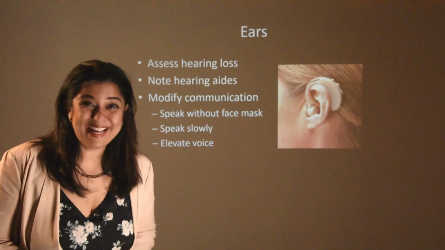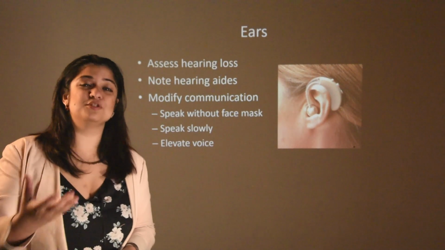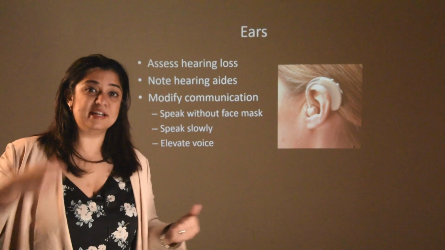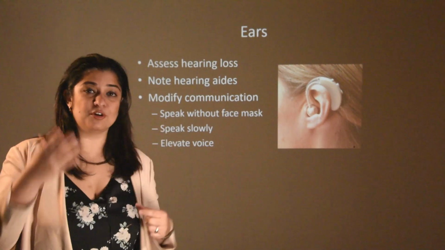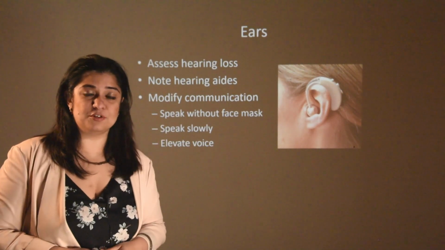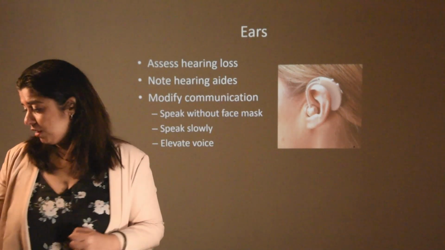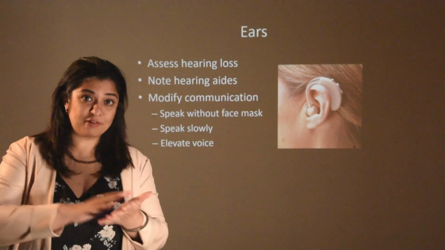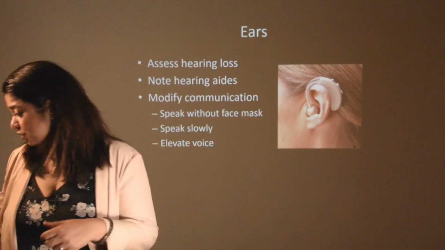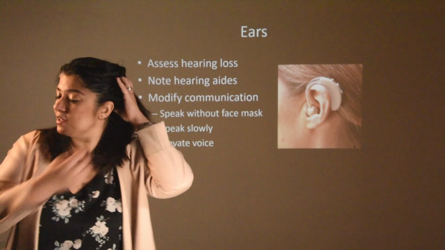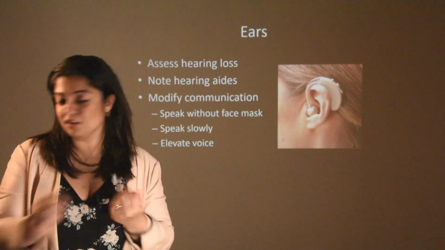Can you hear me? Sometimes it's much better to just write things down, especially with your N95s and 3 types of PPEs on your face that you have today. You want to speak slowly, write things down, give them written instructions, and make sure that you're noticing their hearing aid and make a note in the chart.